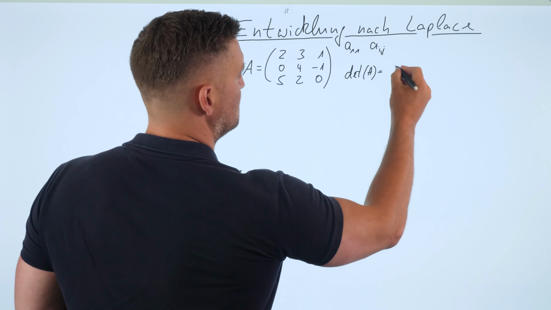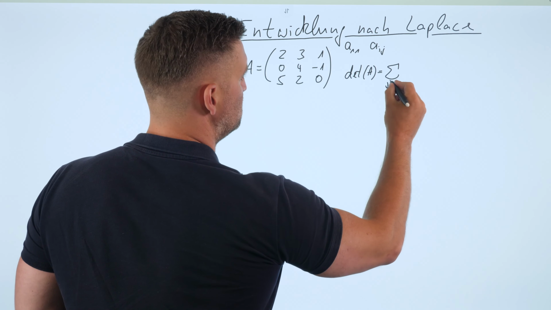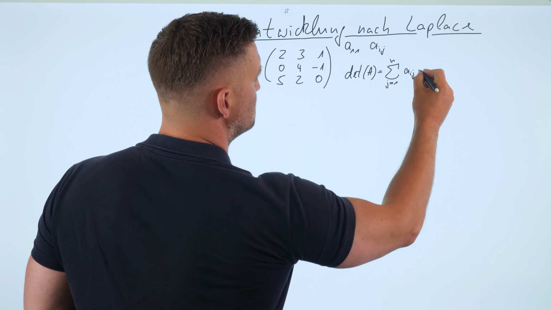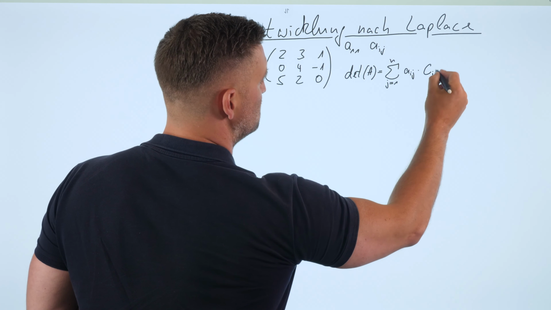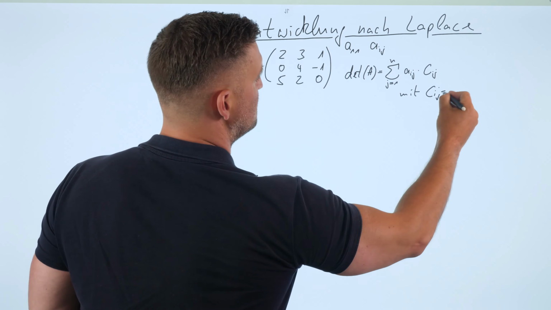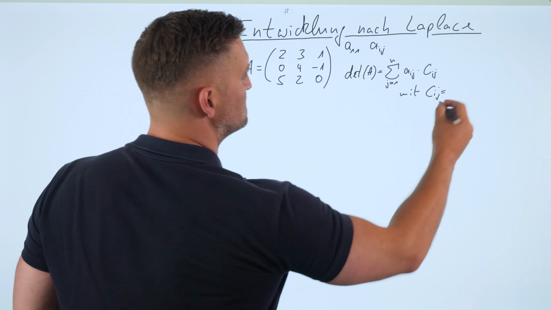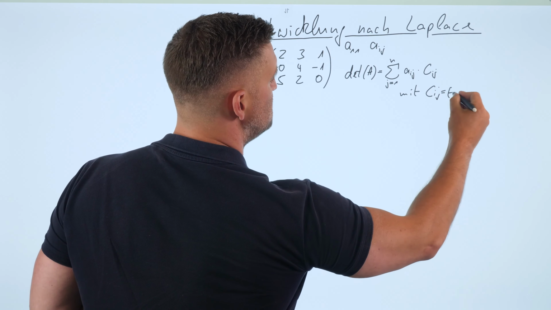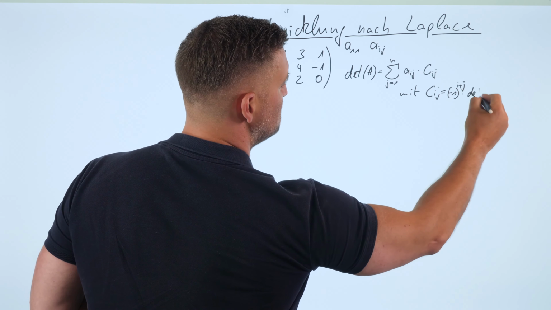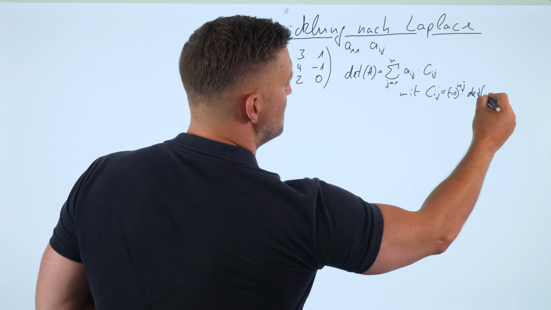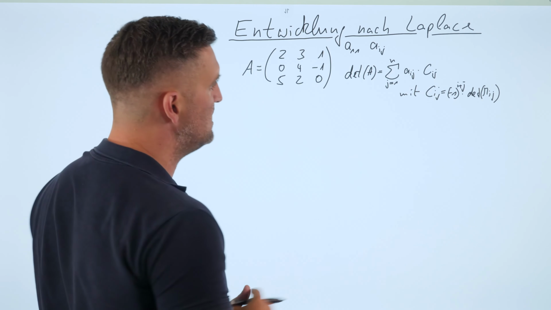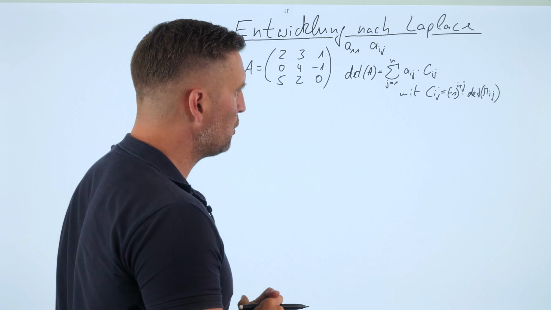If we expand along a row, the sum from j equals 1 to n of a_ij times c_ij applies, where c_ij is obtained by multiplying minus 1 to the power of i plus j times the determinant of M_ij, and M_ij is then the submatrix. I'll show you right now how you can break that down.